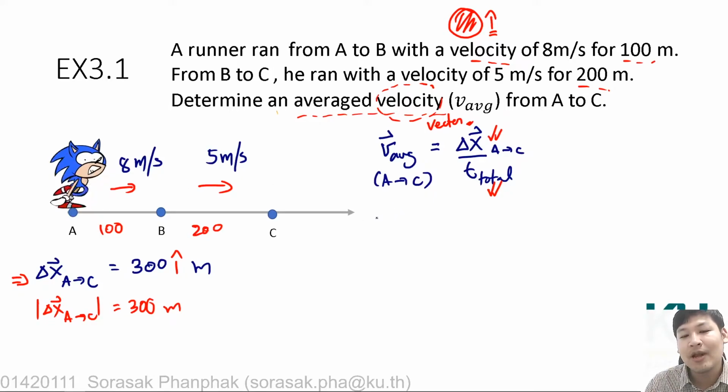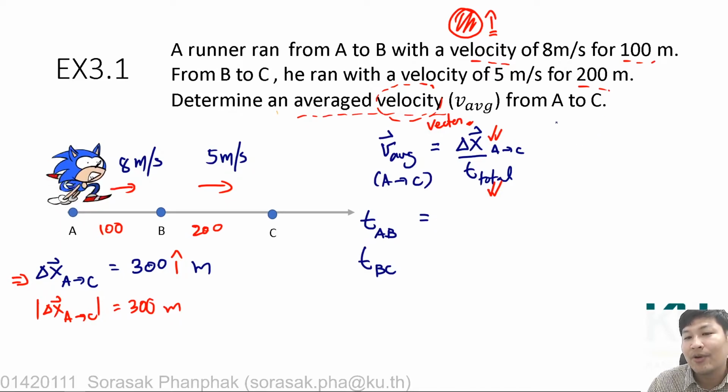If you would like to find the time for each part, A to B and B to C, as you already know from constant velocity, S equals Vt, right?